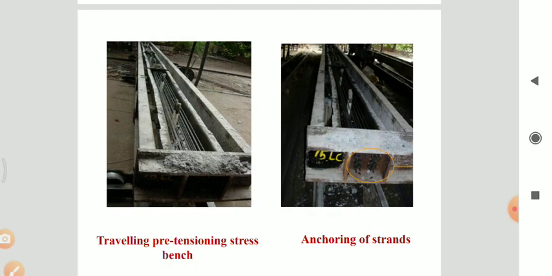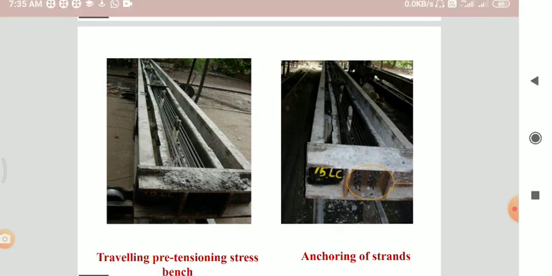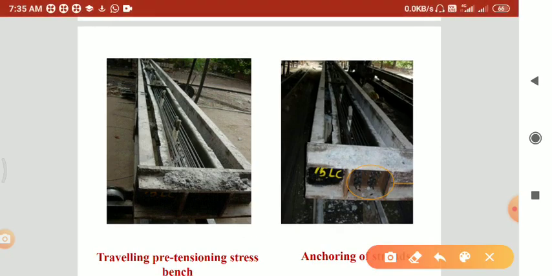You will also see the tendons, the wires, provided, and at the end the anchorages are provided so as to tie the wire. Here this one is already ready, and before that this one is there.